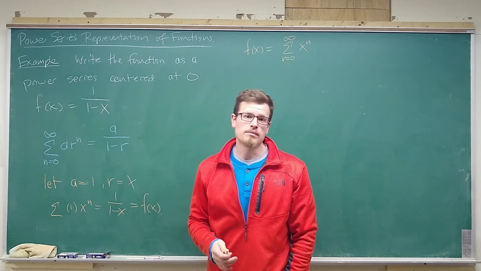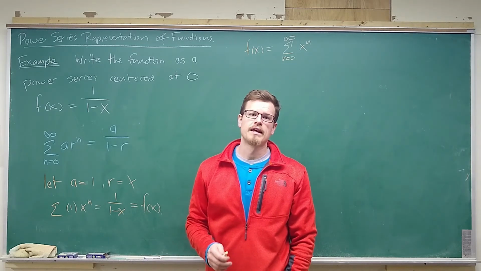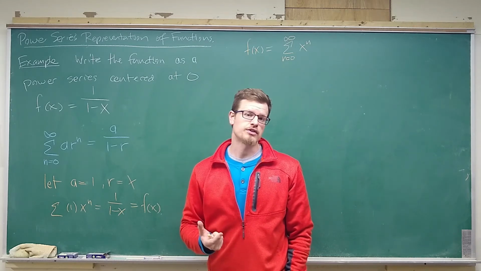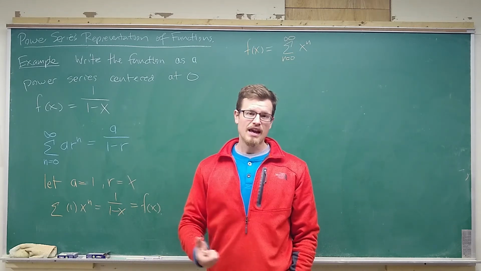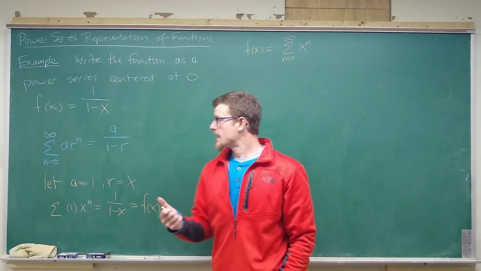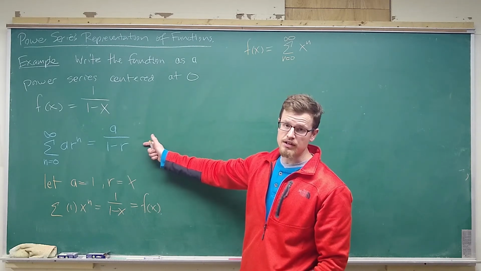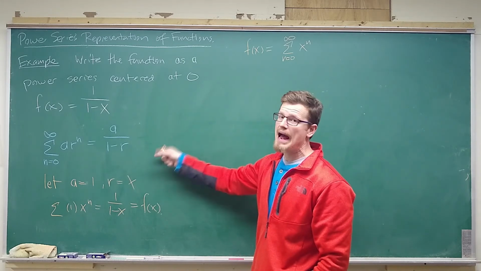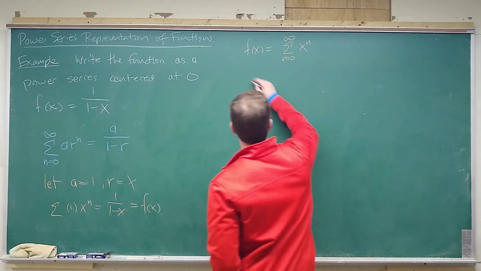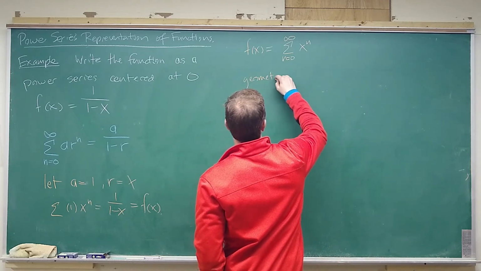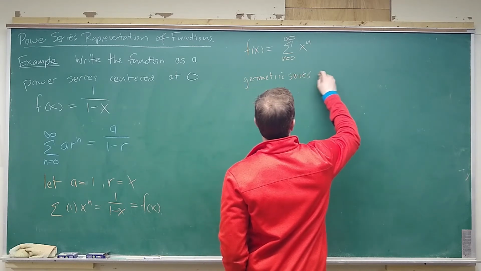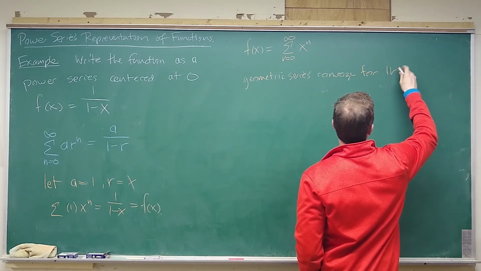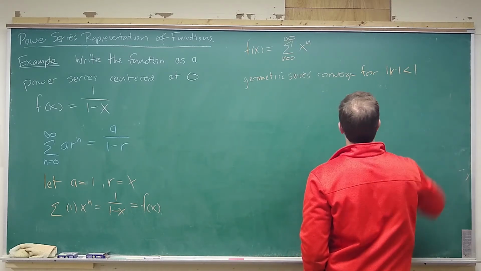But it would be nice to determine the interval of convergence for this as well. And while the examples that we have discussed use the ratio test to determine first the radius of convergence and then the interval of convergence, we actually know that a geometric series converges for the absolute value of r less than 1. So we don't have to use the ratio test in this case. We know that geometric series converge for the absolute value of r less than 1.